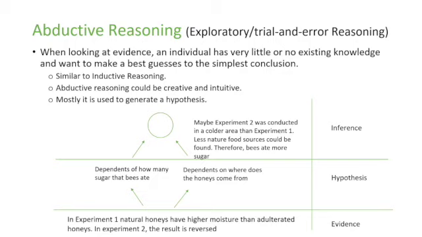However, in experiment 2, the result is reversed. Now, I'm thinking, why the result is different? Could it be the scientists conducted the experiment in two different regions? Could it be how many sugars or different brands of sugars that scientists use to feed the bees? Could it be experimental error?